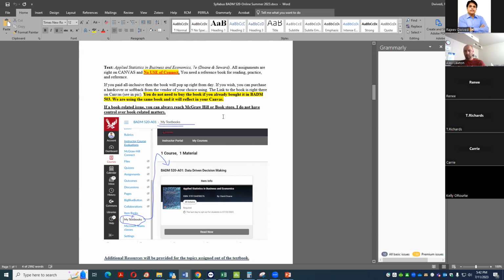Because we are using the same book, and part of the book we used in 503, part of the book we are using in 520. So for the same product, same services, you don't need to pay twice. So if you have paid by mistake, please request the bookstore to refund your money.